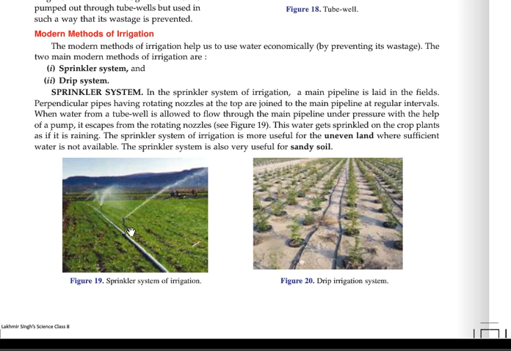When water from a tubewell is allowed to flow in the main pipe under pressure with the help of a pump, it escapes from the rotating nozzles. This water gets sprinkled or sprayed around an area.